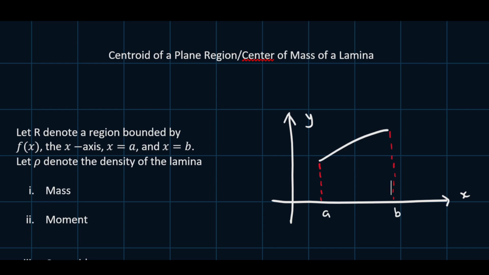Now, since itong plane na to has a uniform density, pwede nating maisip na somewhere sa gitna, nandito yung ating centroid or yung center of mass. The center of mass, since nasa two-dimensional space ulit tayo, pwede natin i-represent ulit as x bar, y bar. Okay?